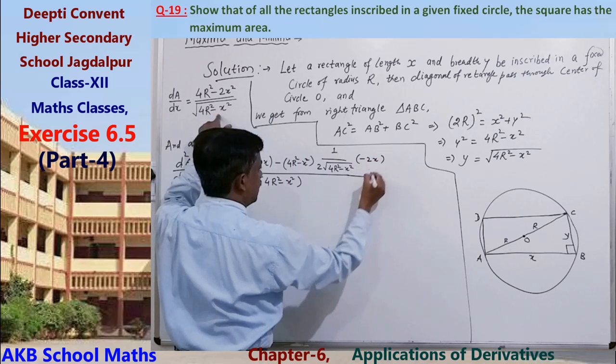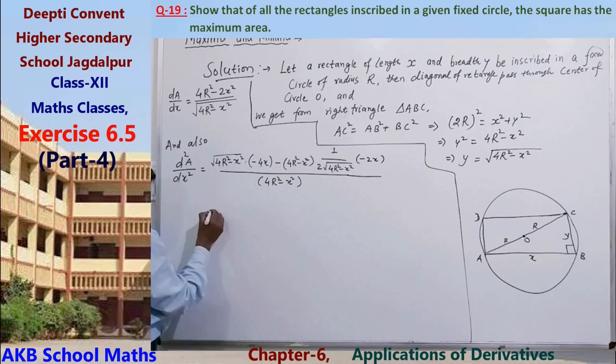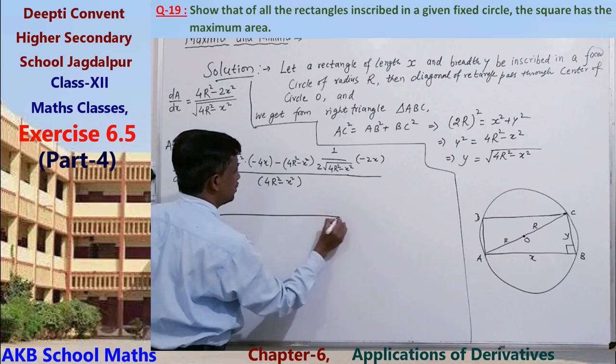The denominator is the square of the denominator, so the root cancels. This is the second order derivative. Now solve it.